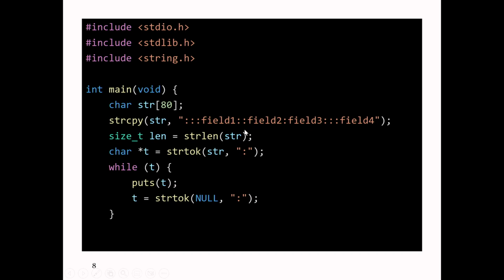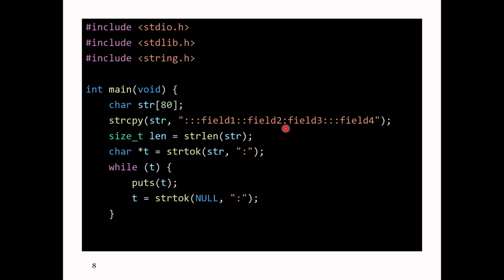So when you call this the second time, it's going to start at that null terminator, and it's going to look for the first character that's not a delimiter. So it finds a colon, that's a delimiter, so it keeps on going. Now it finds an F, stores a pointer to that F. Now it looks for a delimiter, FIELD2 colon.